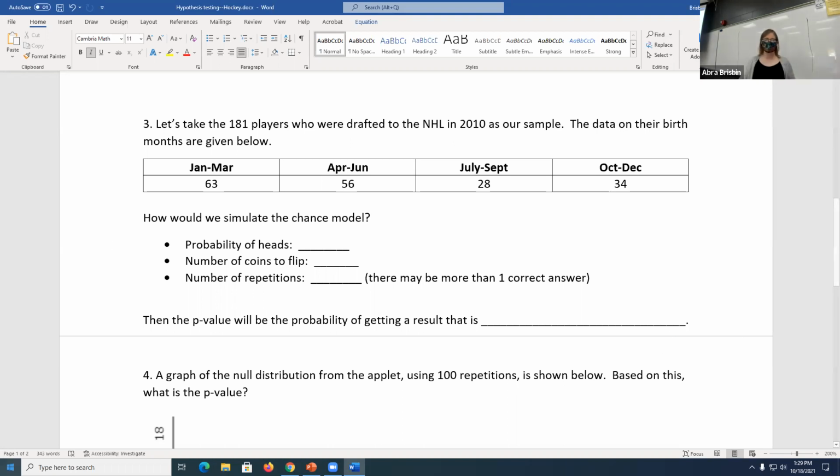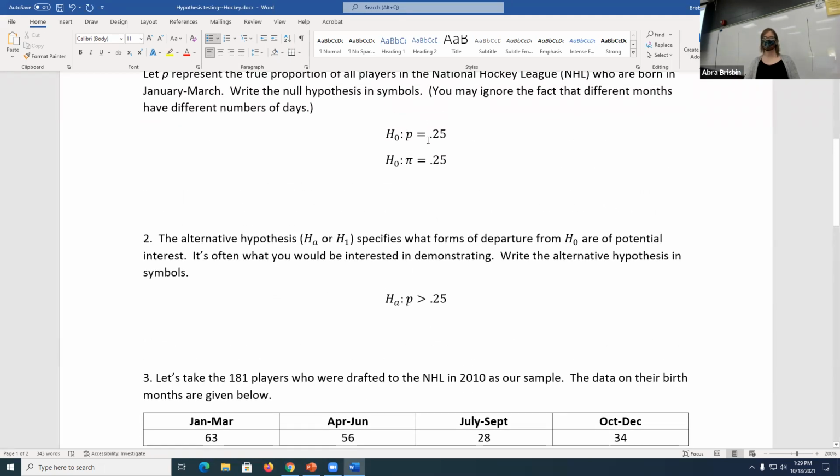All right, so what should I fill in for the probability of heads? Kyle? Is it 0.25? It is 0.25 because we want to simulate according to the null model. So we want our probability of heads to match what we said in the null hypothesis.